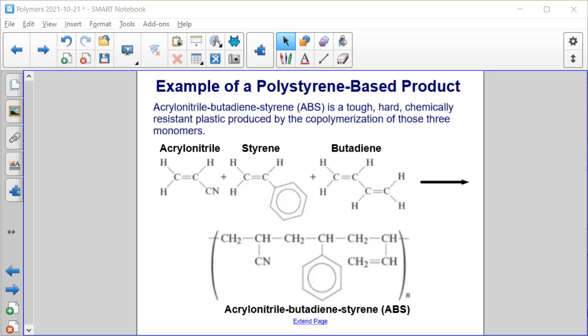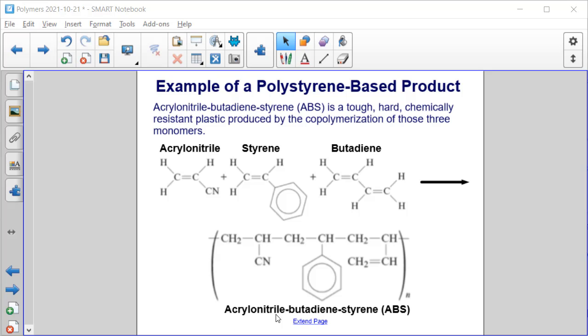Acrylonitrile butadiene styrene, or ABS, is a tough, hard, chemically resistant plastic produced by the copolymerization of three monomers: acrylonitrile, styrene, and butadiene. Okay?